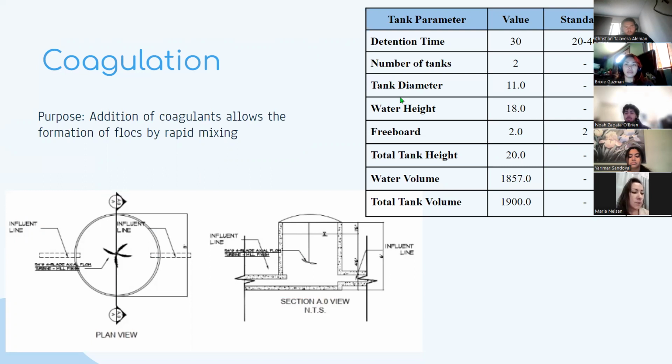But this is the section that precedes that section. And you see the dimensions of the tank. We have two tanks. The detention time is 30 seconds. The height of the tank is 20 feet. The diameter is 11 feet. And the total volume of the tank is close to 2,000 cubic feet.